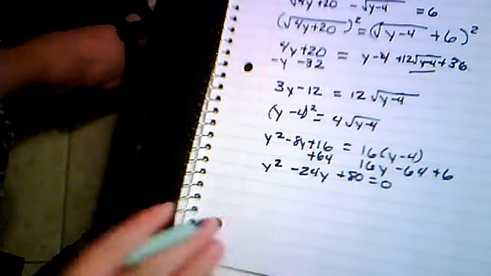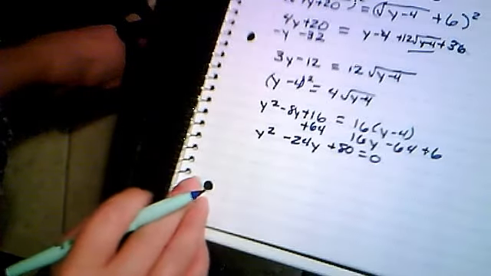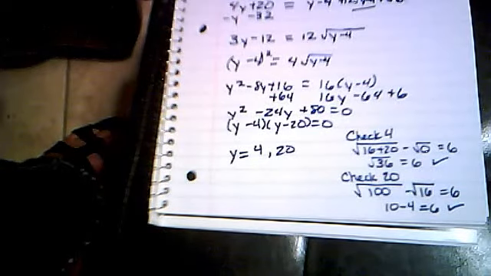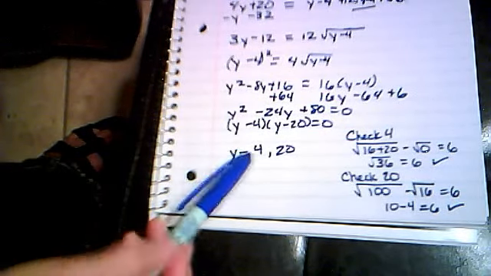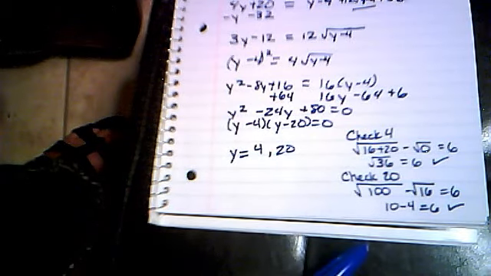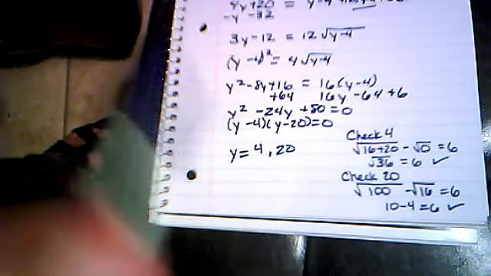And now I need to factor. Magic arithmetic. Feel free to pause, but I factored by setting each one equal to 0, checked them here, and they both work, so both are solutions.